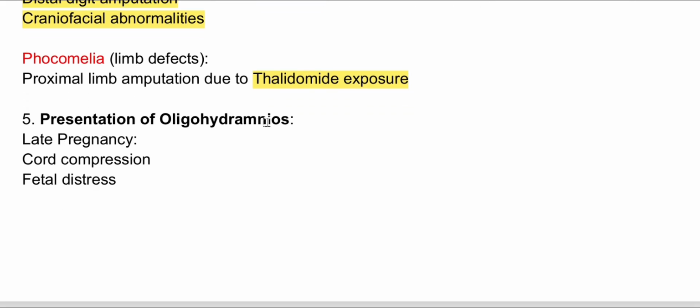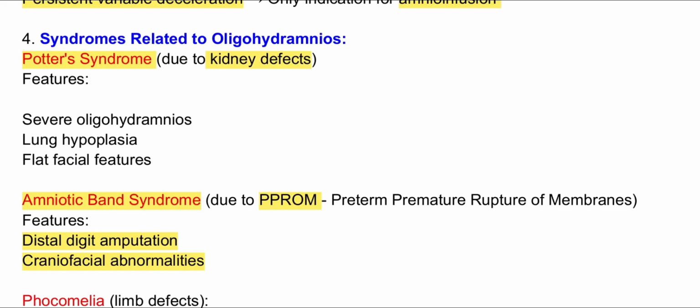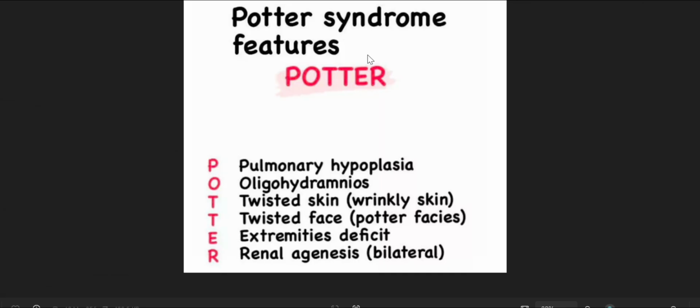Now presentation of oligohydramnios. In late pregnancy, it will present as cord compression or fetal distress, meconium aspiration syndrome, or clubfoot or CTEV. In early pregnancy, it will present as lung hypoplasia and limb amputation. The thing you need to know about Potter syndrome is that it can be because of oligohydramnios. We will remember it as POTTER.